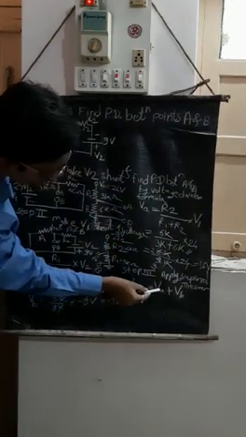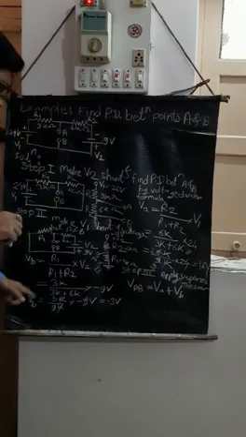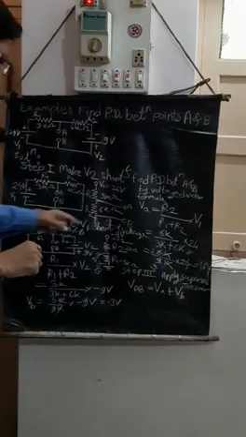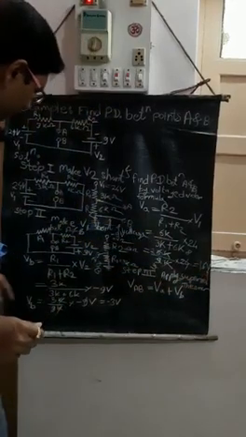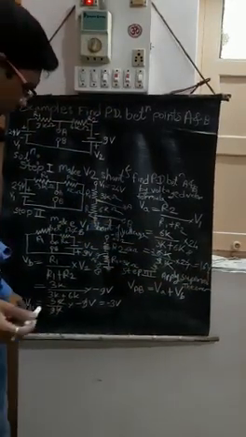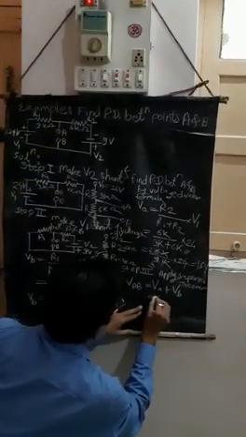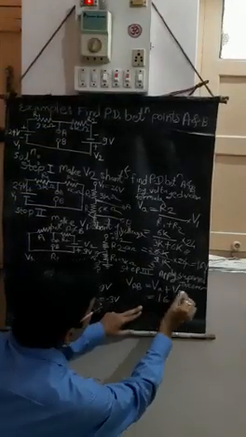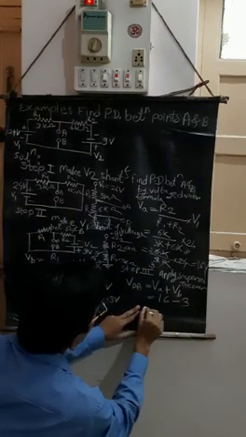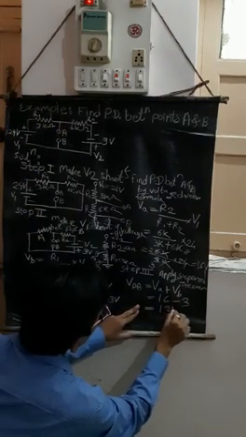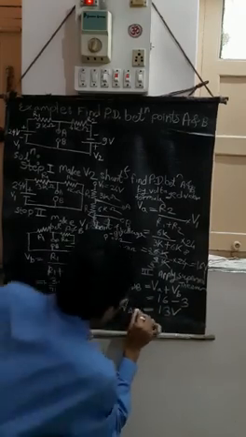VAB is equal to VA plus VB according to the superposition formula. We have to add this VA, 16 volt, and VB, which is minus 3 volt. So VA 16 volt plus VB minus 3 volt is equal to 13 volt. So VAB is equal to 13 volt.